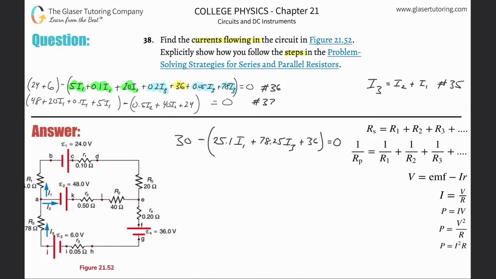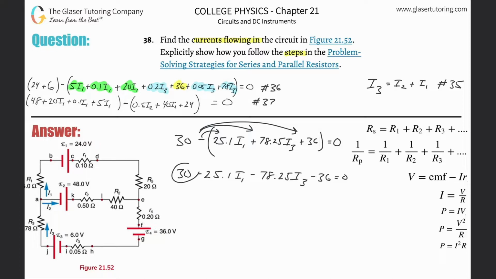Now we're going to solve this. Well, let's still simplify it a little more. We can distribute the negative to each of those terms inside. So it becomes 30 minus 25.1 i1 minus 78.25 i3 minus 36 equals 0.